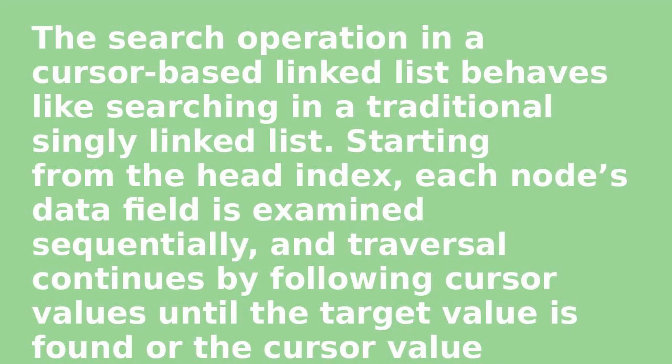The search operation in a cursor-based linked list behaves like searching in a traditional singly linked list starting from the head index. Each node's data field is examined sequentially, and traversal continues by following cursor values until the target value is found or the cursor value becomes 0.